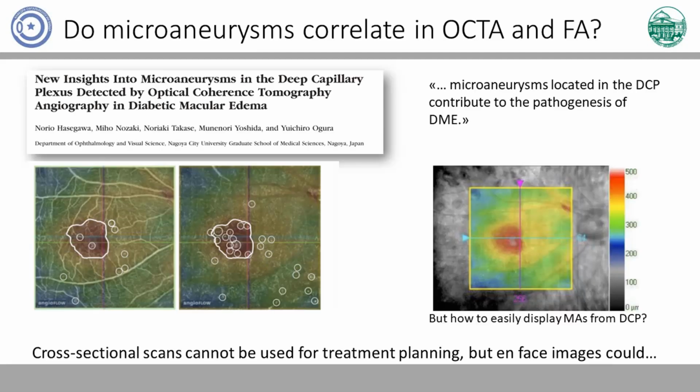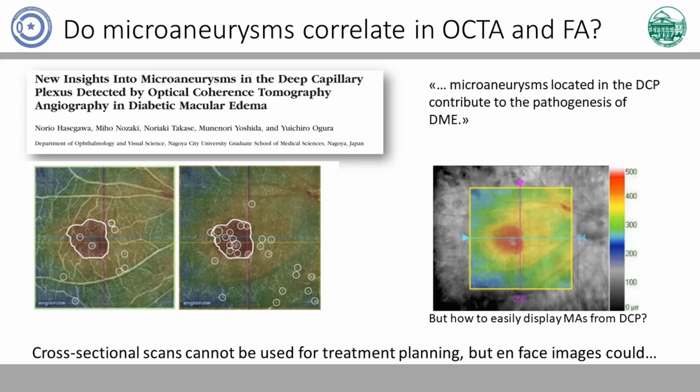We now discuss the application of en-face imaging in the treatment of diabetic macular edema. I believe that this option is very good to treat microaneurysms, because today we know from recent papers that microaneurysms of the deep capillary plexus are very important in the pathophysiology of diabetic macular edema, and treatment of these microaneurysms is very useful and gives us a good outcome.